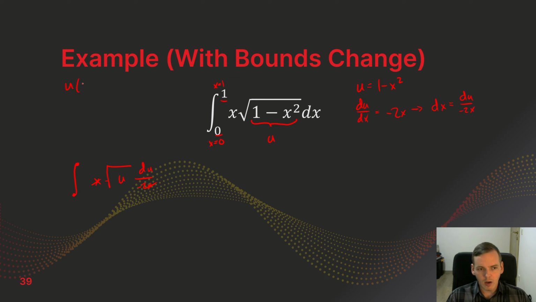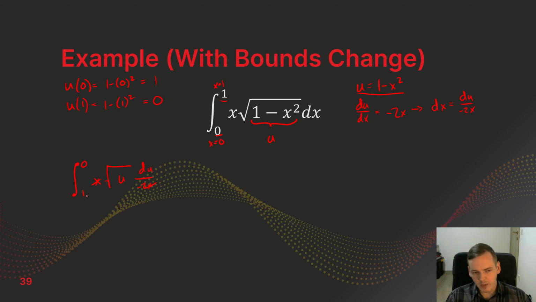So u of 0 is going to equal 1 minus 0 squared. u of 1 is going to equal 1 minus 1 squared. And that's just looking at this function over here. So u of 0 is equal to 1, and u of 1 is equal to 0. So oddly enough, that just flips our bounds here. That's not always the case, but in this instance it is.